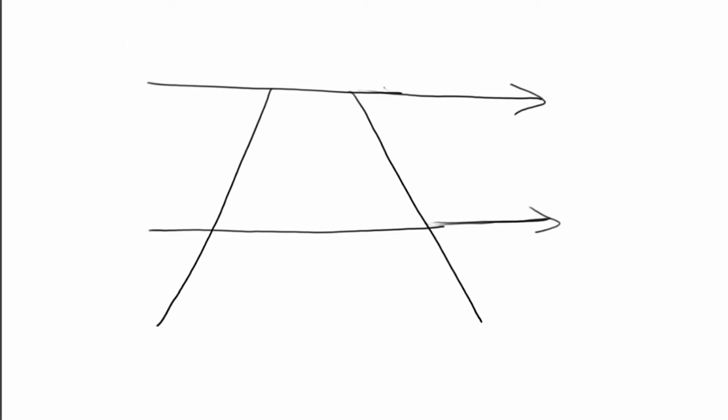If this is 100 degrees, and this is 60 degrees in here, we'll be able to find all the remaining angles. Let's start. So beside the 100, that has to be 80 degrees because they both make 180 because they're on a straight line.